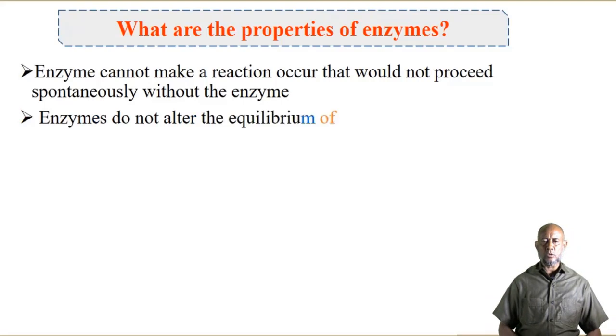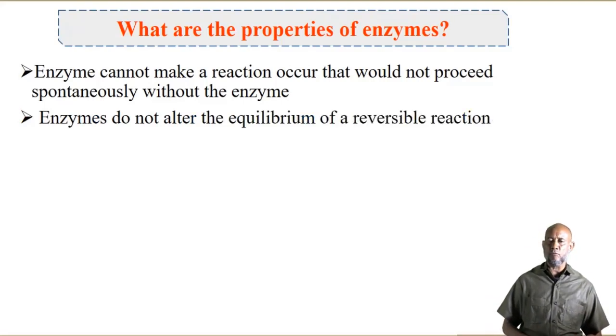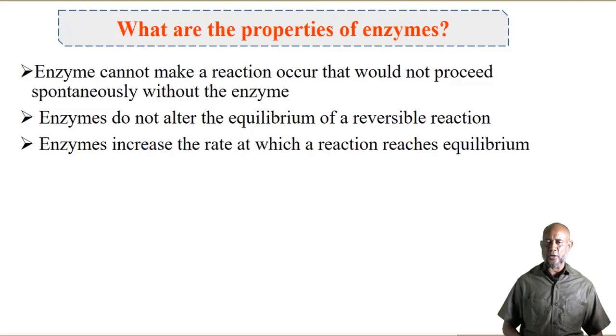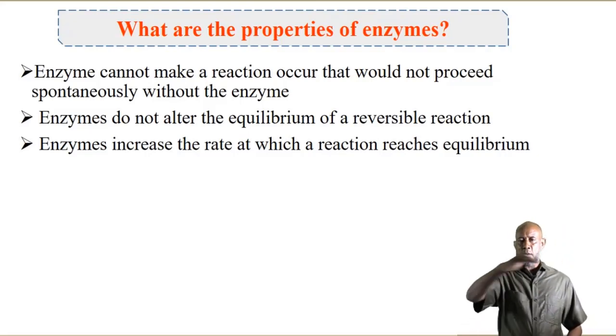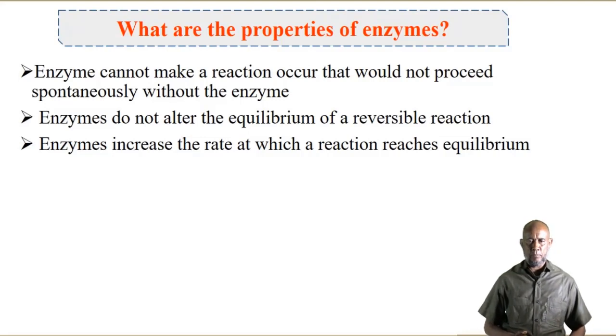Enzymes do not alter or change the equilibrium of a reversible reaction. Never. Okay? Enzymes increase the rate at which a reaction reaches equilibrium. Simply, they increase the rate at which the reaction equilibrium is reached.